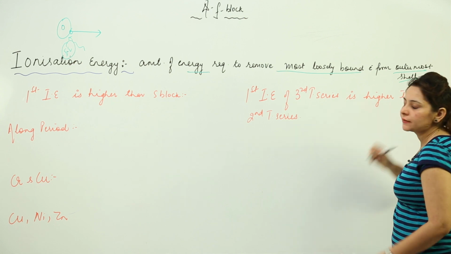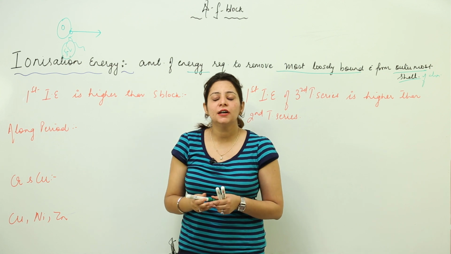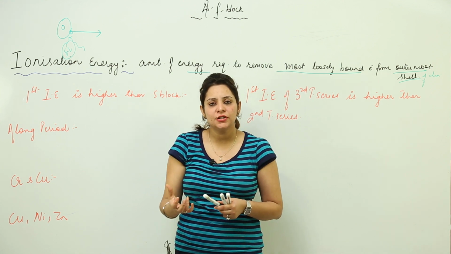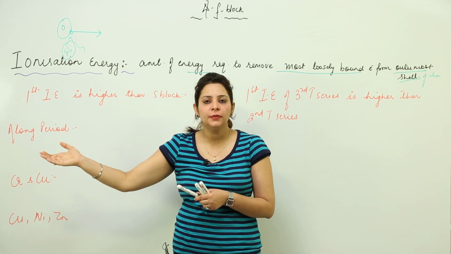of an atom. Now we are going to look at the trend, where we compare the ionization energy among the transition metals along a period, along a group, and also from the S block.